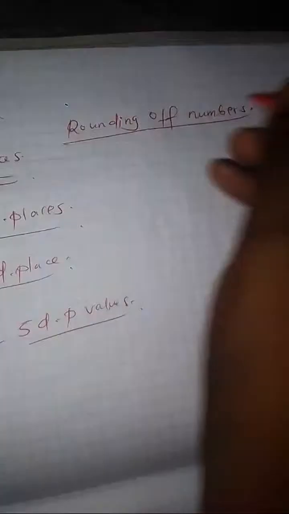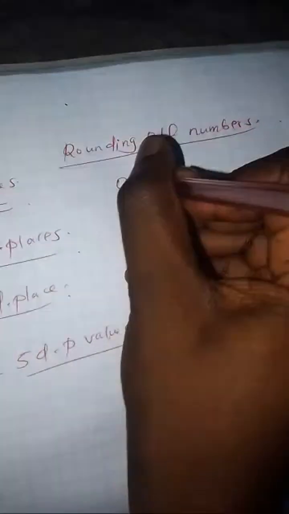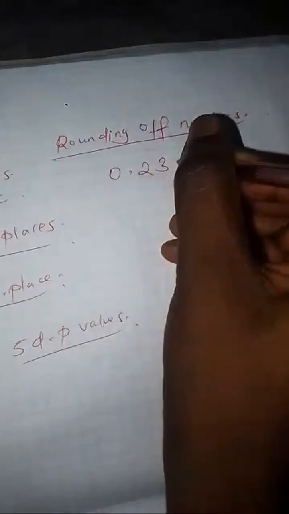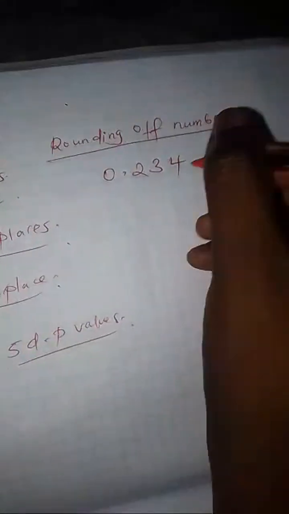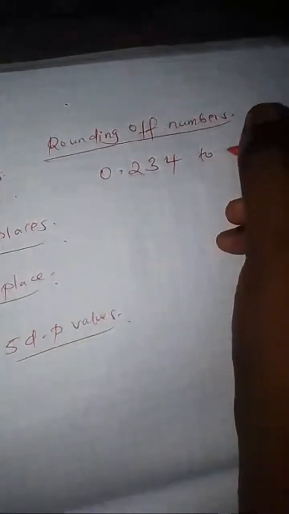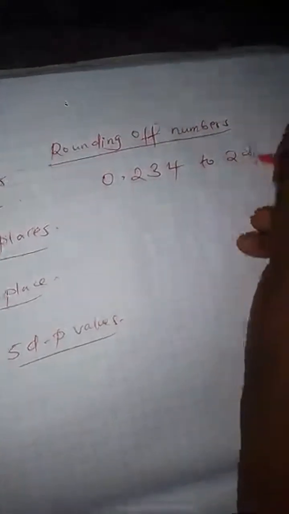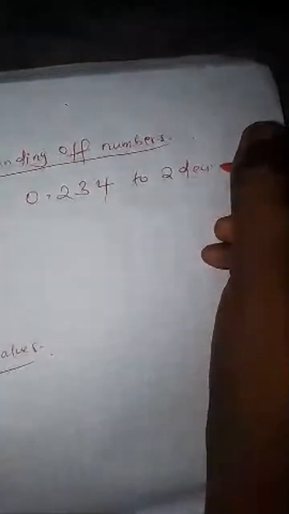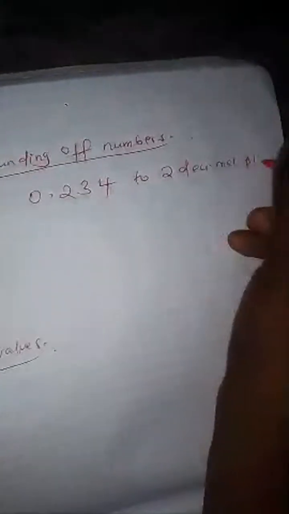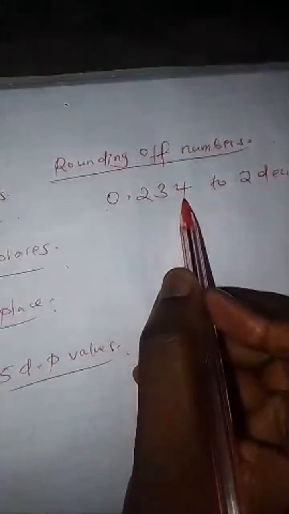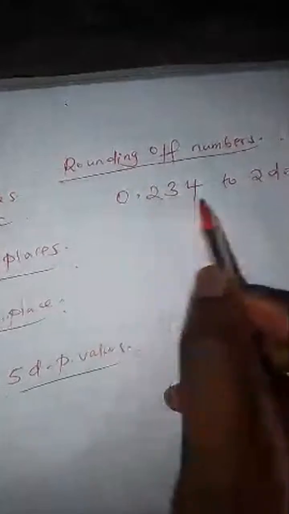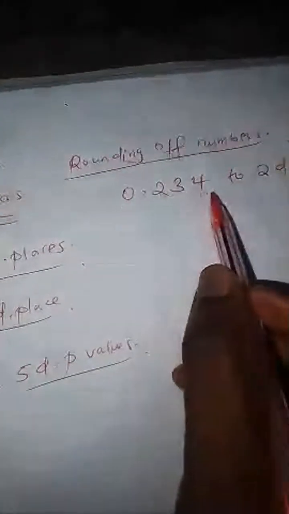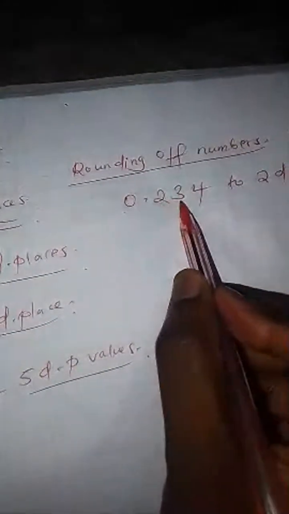If you are asked to round off 0.234 to 2 decimal places, you just count how many decimal places this number has. 1, 2, 3.